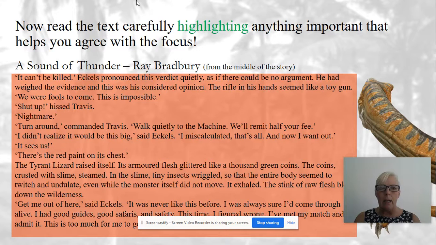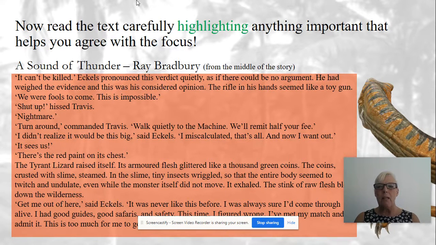"It sees us. There's the red paint on its chest." The tyrant lizard raised itself. Its armoured flesh glittered like a thousand green coins. The coins, crusted with slime, steamed. In the slime, tiny insects wriggled so that the entire body seemed to twitch and undulate, even while the monster itself did not move.